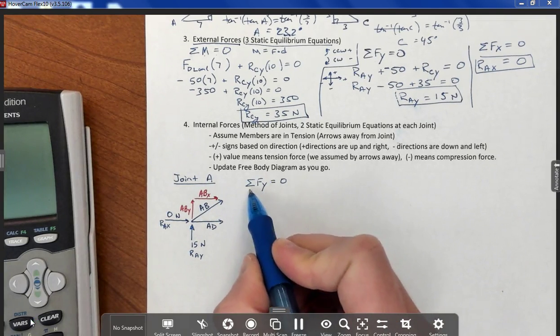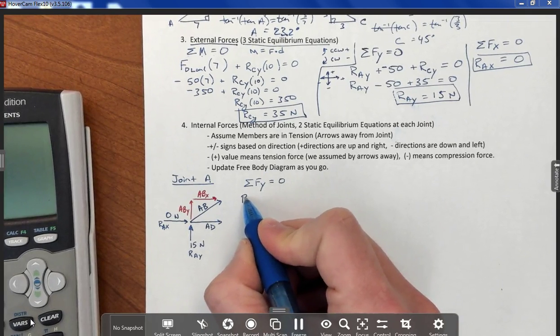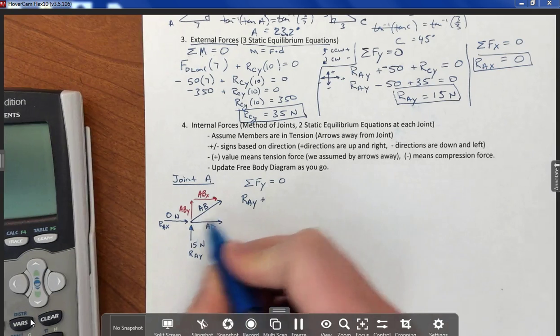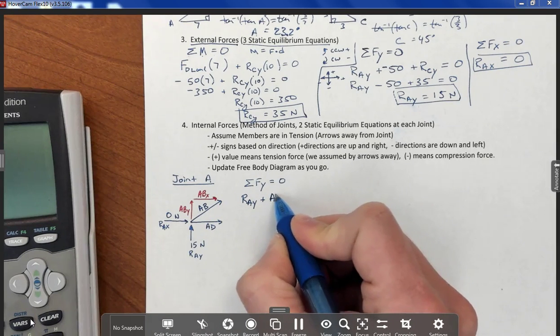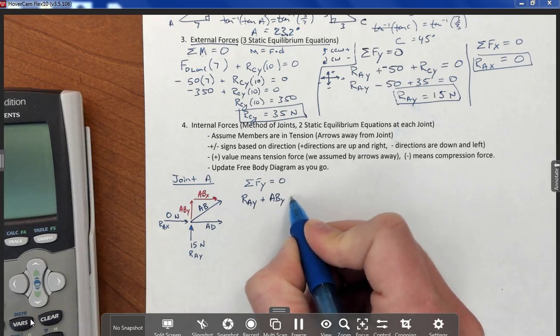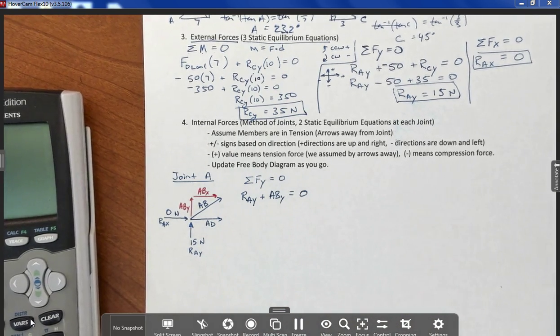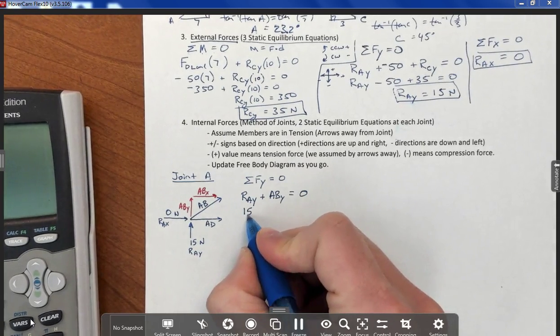So now when I look at the sum of the forces in the y direction, there's two. I have the reaction force at A in the y direction, and I have the y component, the vertical component of member AB. So I'm going to call that AB sub y. And those have to add up to equal 0. All right, so we can now fill in what we know, which is that the reaction force was 15.